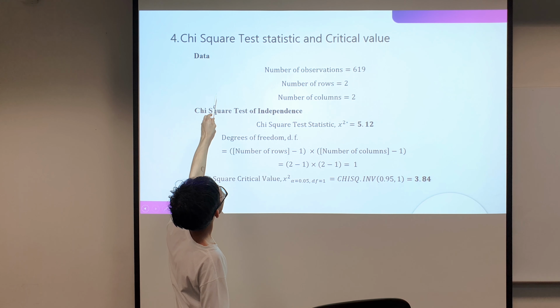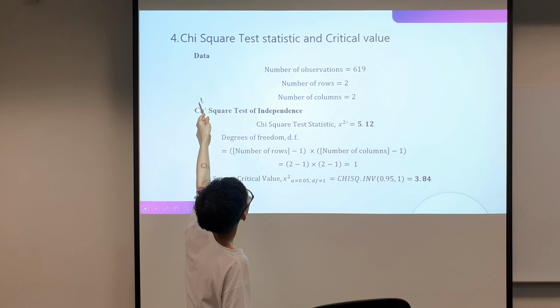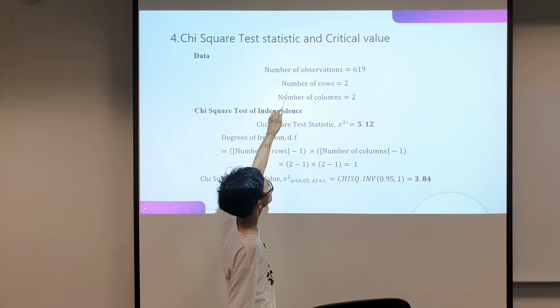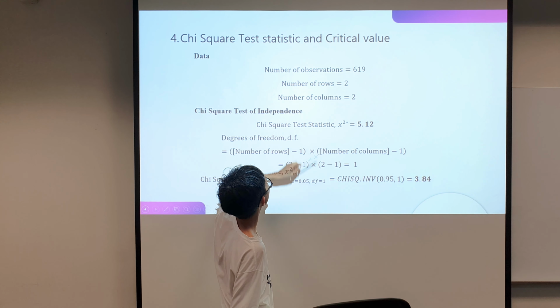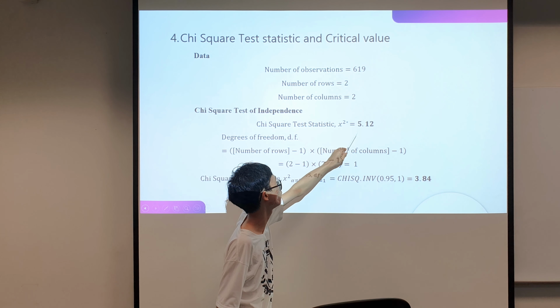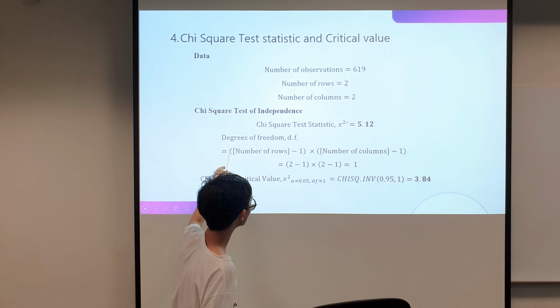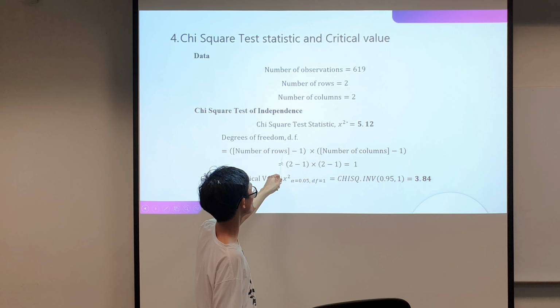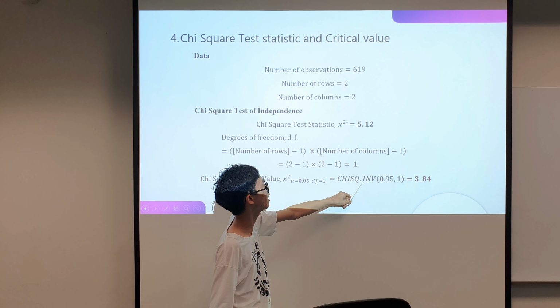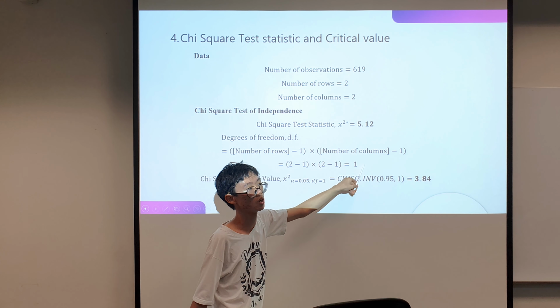So using our chi-square test of independence, we find that there are 619 observations, 2 rows, and 2 columns. Our test statistic is 5.12, and our degrees of freedom is the number of rows minus 1 times the number of columns minus 1, which gives us 1 degree of freedom.